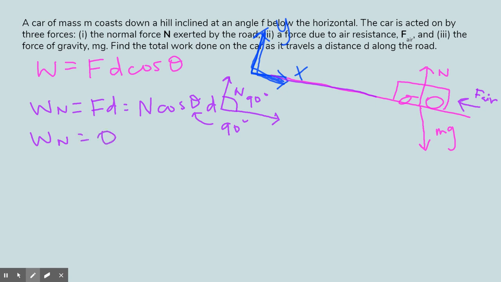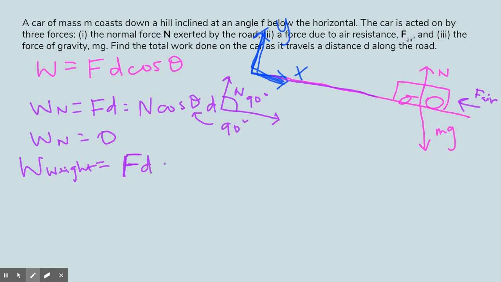Second, we want the work from the weight, which I will actually write out. And here, weight has both an x and a y component. So we will need to do a little bit of extra stuff here. Since it has both components, we can't just use force times distance.